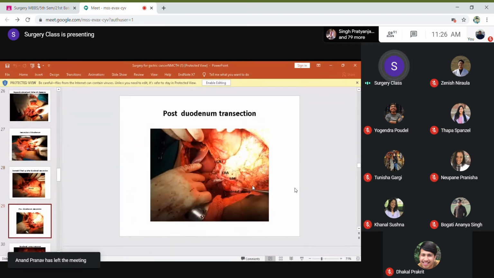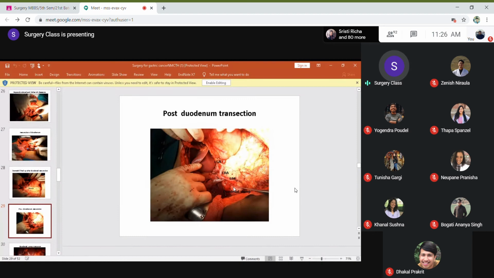So now you can see the duodenal transected part, the duodenal stump. If you see the right lower part, you can fairly see I've written there duodenal stump.